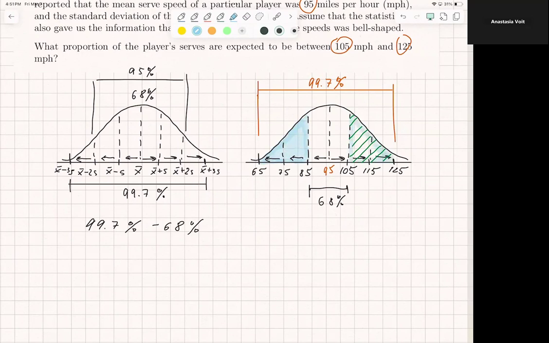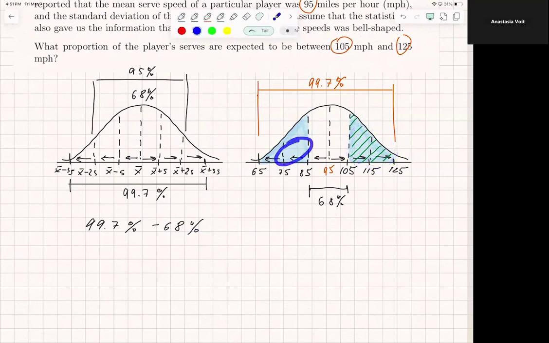It's not, these are not tails yet, right? So this side, if we just subtract 68% of the data, like this data, right? But again, look at this. We have two of these sides, right? Two of these portions. We only need one, the one that is shaded in green. So what do we need to do in this case? These parts are symmetrical. So that means that we can just divide by 2 because we have two of them, right? If we divide the whole thing by 2, we will calculate only one side.